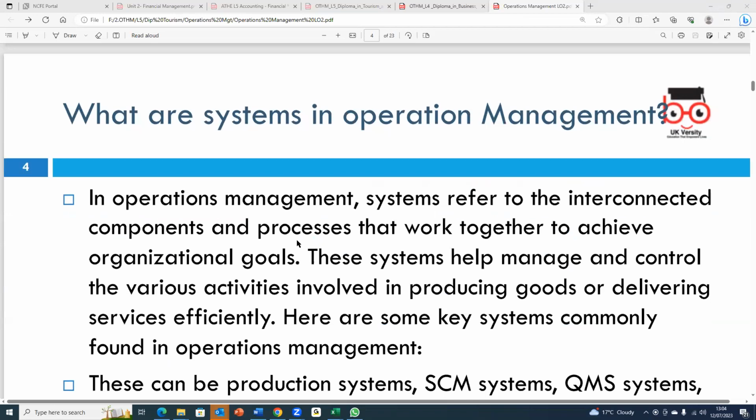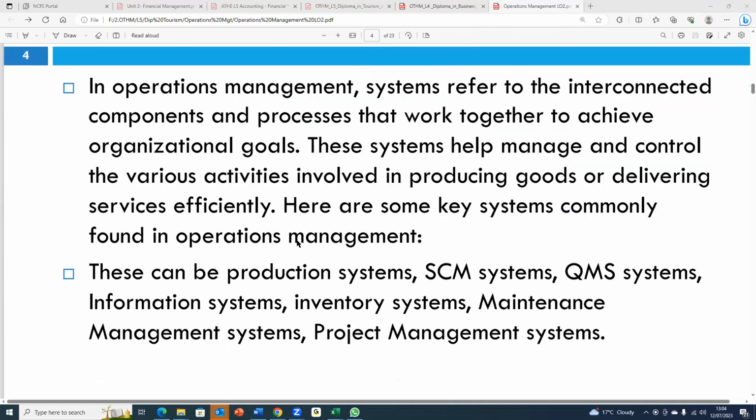What are the systems? Having spoken about processes, we need to look at what the systems are. The systems are, for example, machinery, components, hardware or software, which help the activities to interconnect and make sure to deliver the goods and services efficiently, right? So these are the systems that help us to operate those activities.